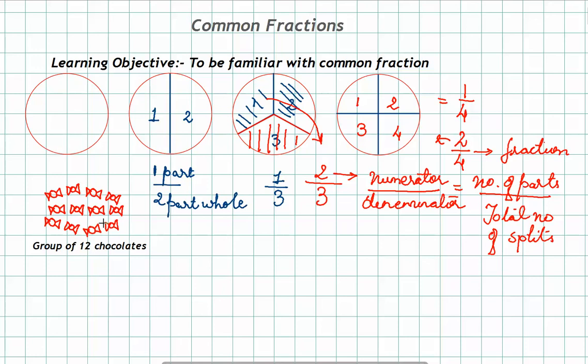In this case, the group of objects is 12 chocolates. Now if you want to divide it equally among your 3 friends, then each of them would get a group of 4 chocolates.